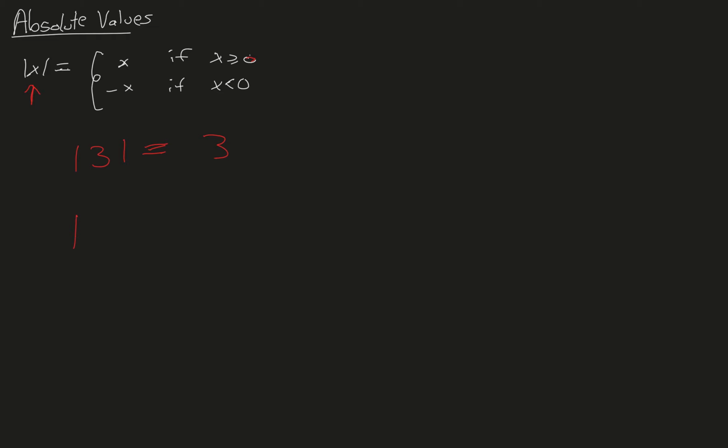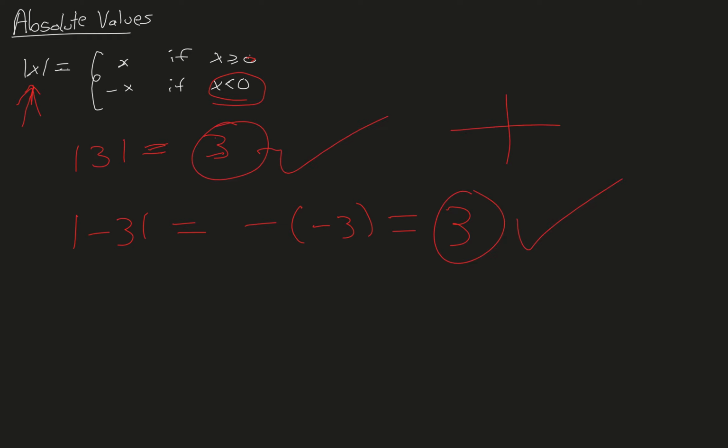But if you put in a negative number, when x is negative, such as -3, when x is less than 0, you get the negative of x. So you get the negative of -3, you get 3. So in both cases, when x is greater than or equal to 0 or x is less than 0, you always get a positive number. That's basically the definition of absolute values.